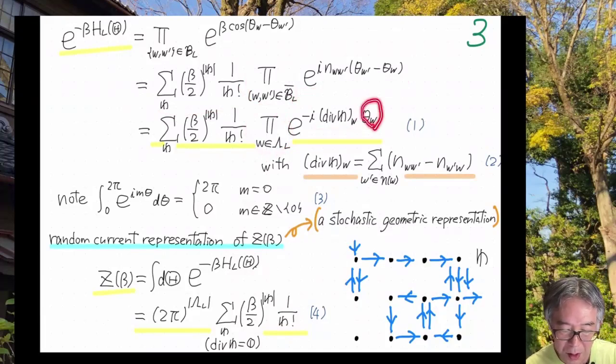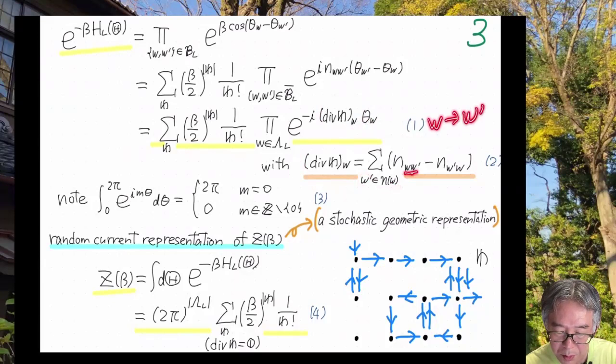Now this is theta W, and what is this? This is the divergence of n. How do you define this? Well, this is the definition. First of all, this looks like a divergence because now I'm summing over W prime, which is neighboring to W. And so this counts the current going out from W to W prime.